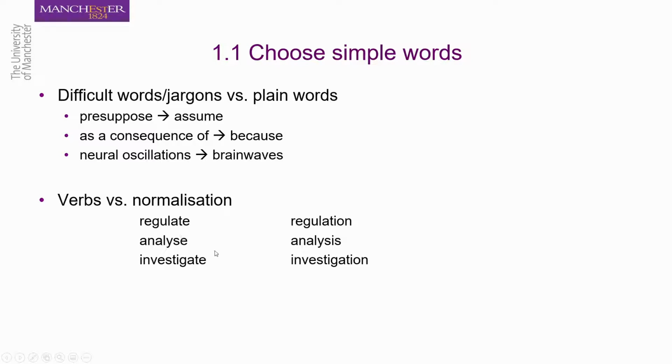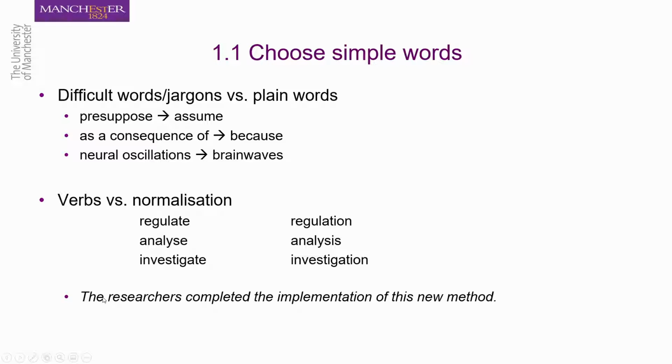And also, usually, if you just use the action verb, the sentences tend to be shorter. So here's an example. The researchers completed the implementation of this new method. Instead of that, it'll be easier if you just say the researchers implemented this new method, right?